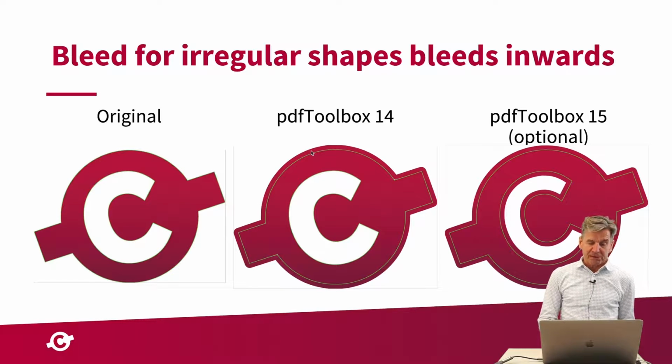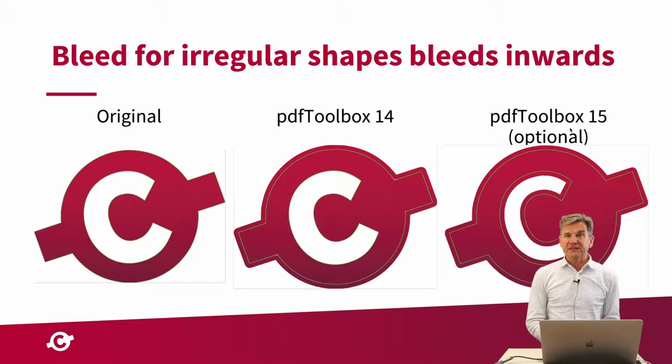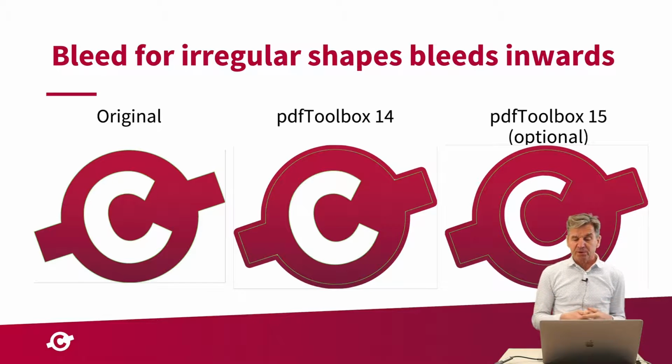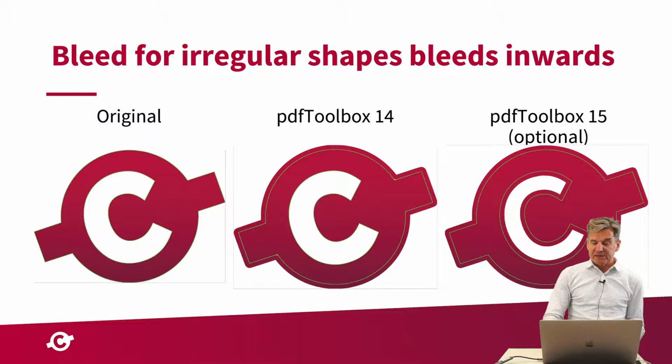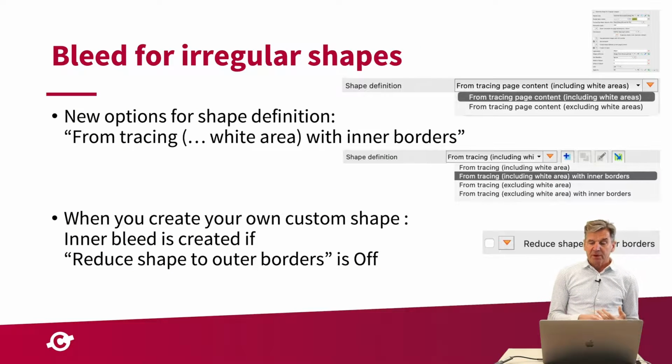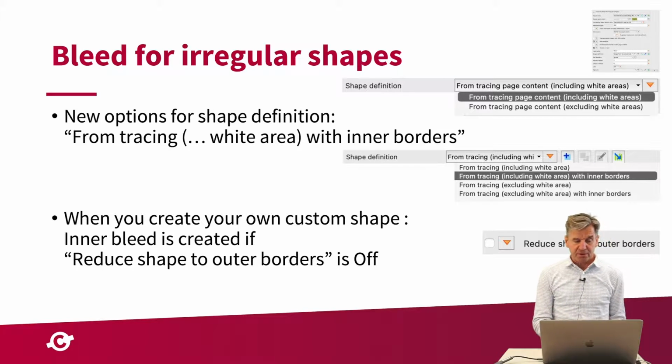We've got proper bleed at the outside, but we don't get proper bleed at the inside. And then if you want to cut it out, the C from callas, you have an issue. So you need to update to pdfToolbox 15, and there it becomes possible. So it now is also possible to create bleed toward the inner part. We didn't want to change it just under the hood. So you have options here, 2 more options.